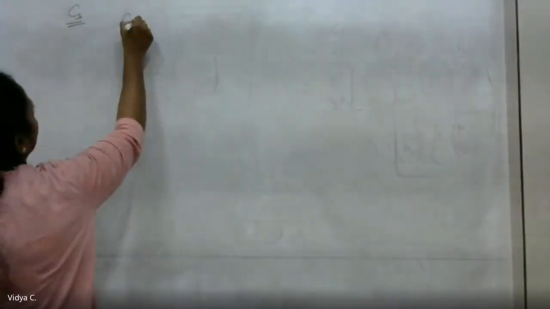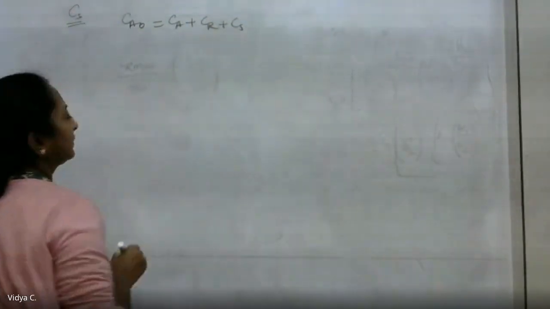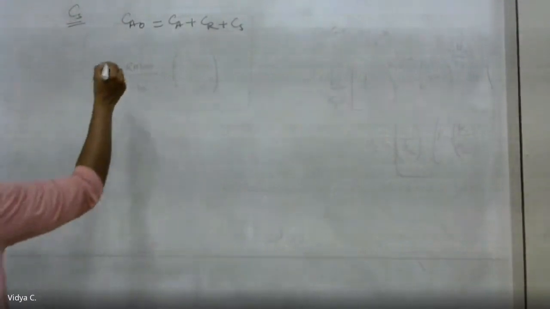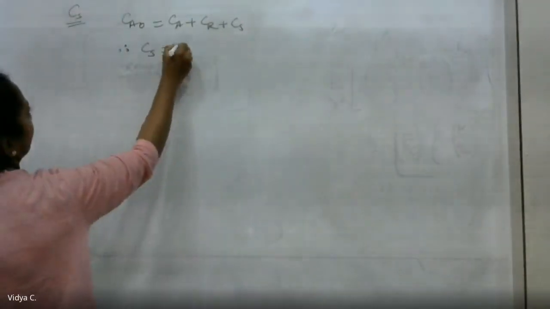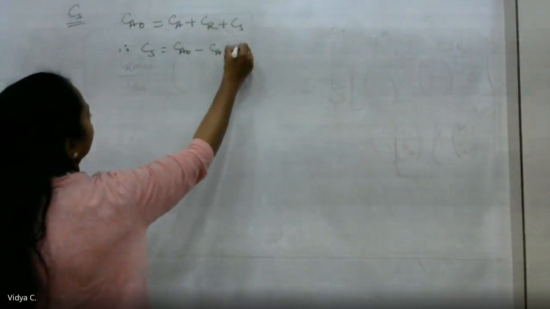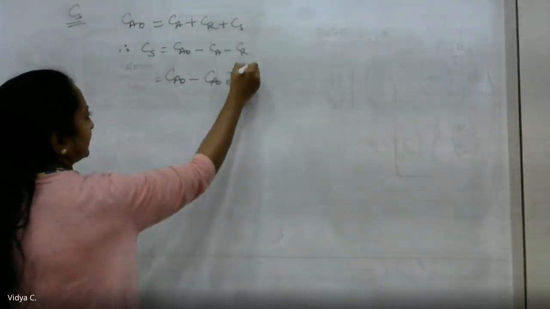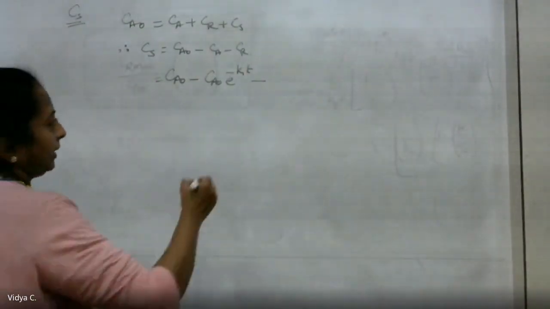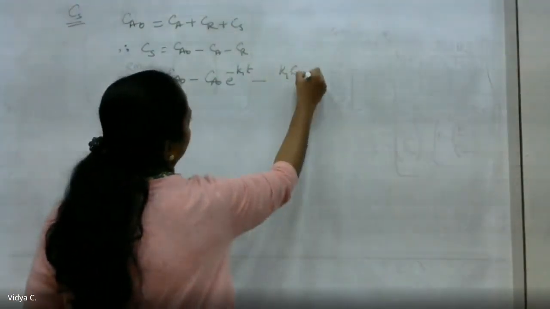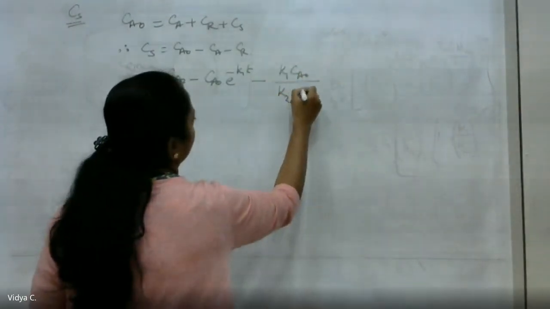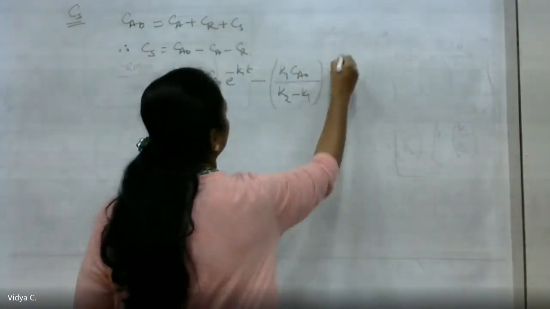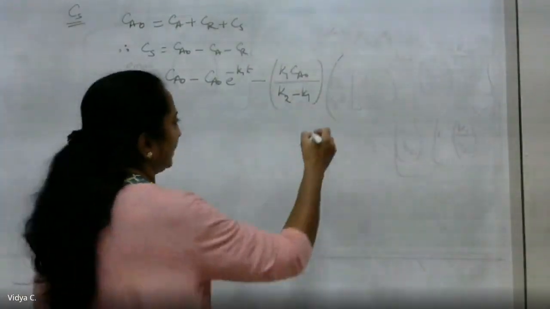CS, we know CA naught is equal to CA plus CR plus CS. Okay. Therefore, CS will be what? CA naught minus CA minus CR. So what I'll now do, CA naught minus, in place of CA I'll substitute as CA naught e to the power of minus K1t minus, for CR also I should substitute. What is that CR? K1 CA naught by K2 minus K1 into e to the power of minus K1t.